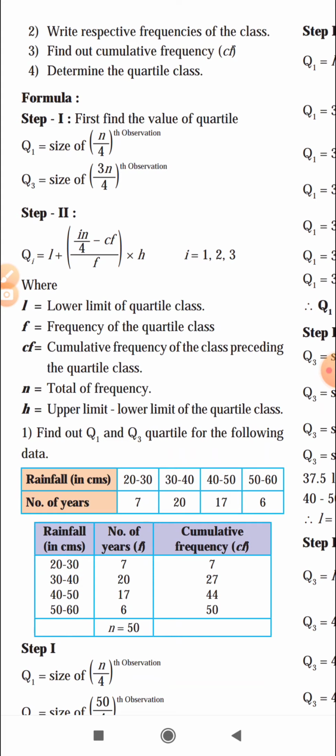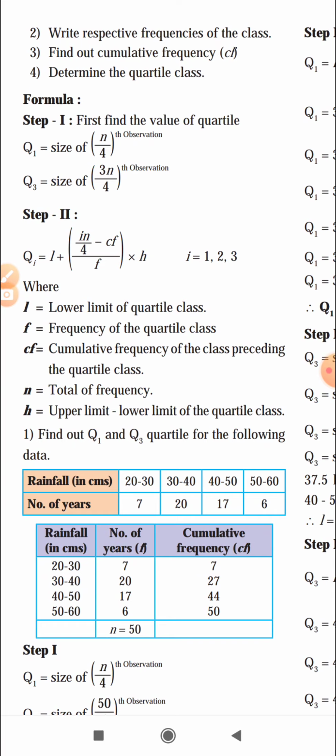Rainfall in centimeter is given, and number of years, that is frequency, is given. Rainfall in the group series is given as 20 to 30, 30 to 40, 40 to 50, and 50 to 60, and number of years or frequency is given as 7, 20, 17, and 6.